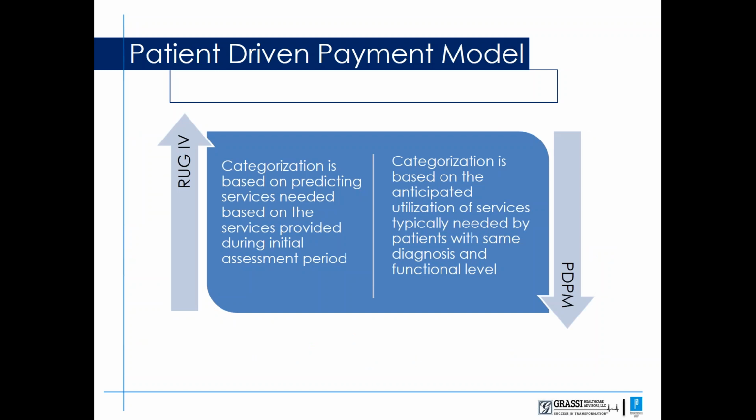So here's a graphic that shows under RUG 4 on the left, the categorization of the patient was based on predicting services needed based on the services provided during that initial period. When I was the director of nursing back when PPS started, we had this joke that we'd put a tent in the parking lot, so when the ambulance pulled up, we would start doing physical therapy, because the more minutes you got in those first couple of days, the higher the level was.